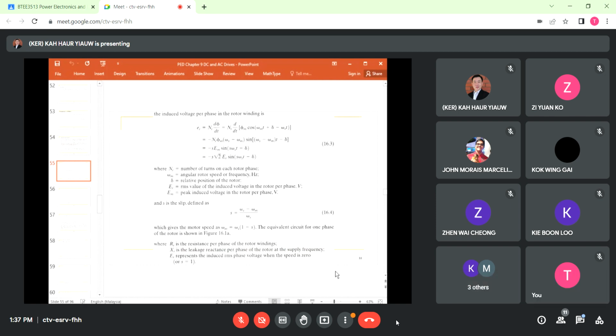Omega m is the angular rotor speed or frequency in hertz. Delta is the relative position of the rotor. Er is the RMS value of the induced voltage in the rotor per phase. Em is the peak induced voltage in the rotor per phase. And s is the slip, which is defined in equation 4 here.